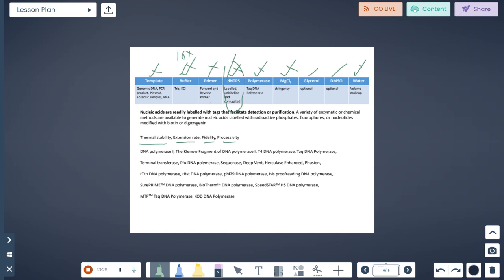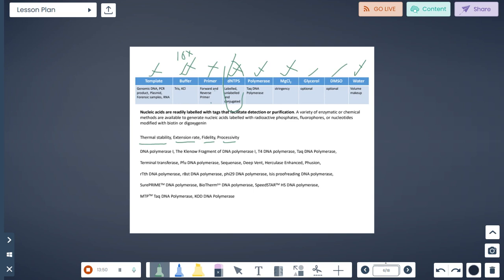Extension rate means what length of PCR product can be made by the Taq polymerase, or in a second how many nucleotides can be added. So generally extension rate is told like 1000 bases per minute.